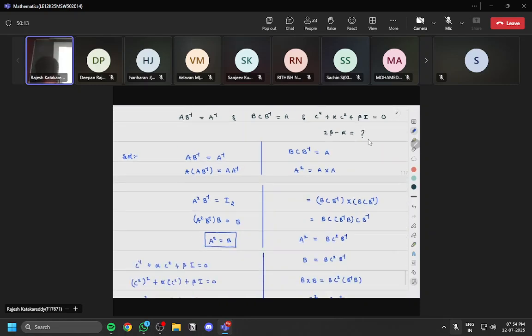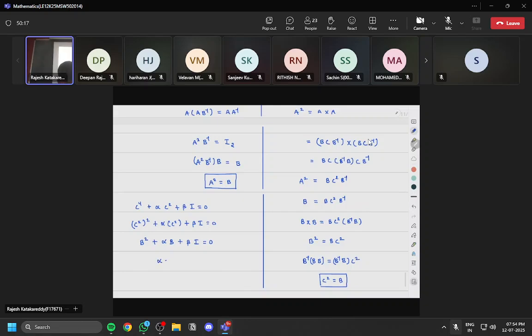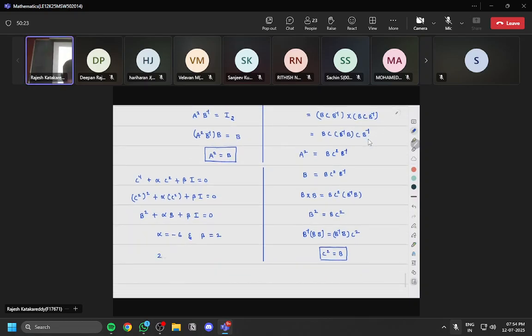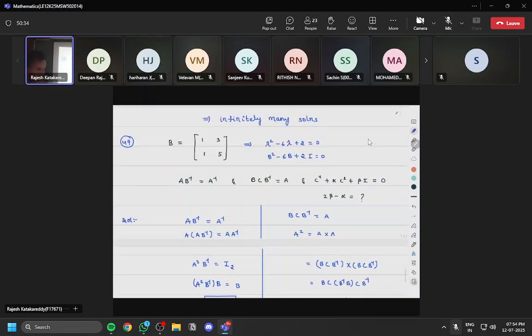Now we can say alpha is minus 6, beta is 2. So we need 2 times beta minus alpha, so 2 into 2 minus of minus 6, 10 must be the answer. Let me know if any doubt is there in this part of this slide.